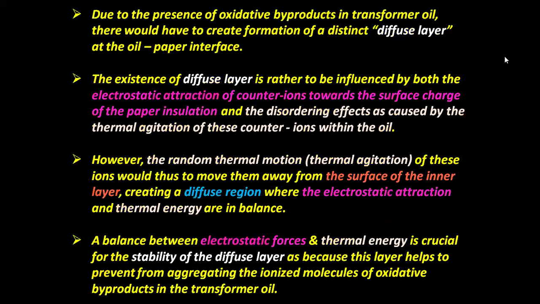Most important: due to the presence of oxidative byproducts in transformer oil, a distinct diffuse layer forms at the oil paper interface. The existence of the diffuse layer is influenced by both the electrostatic attraction of counter ions towards the surface charge of the paper insulation and the disordering effects caused by the thermal agitation of these counter ions within the oil, that is thermal movement.